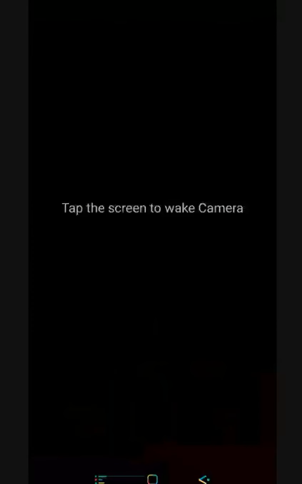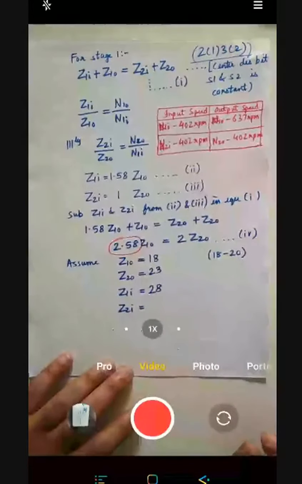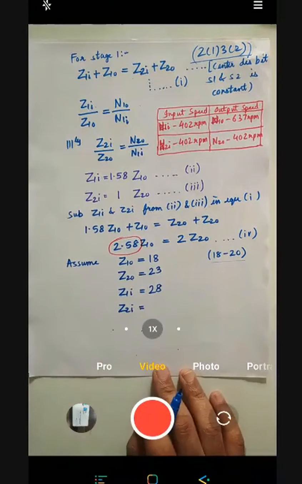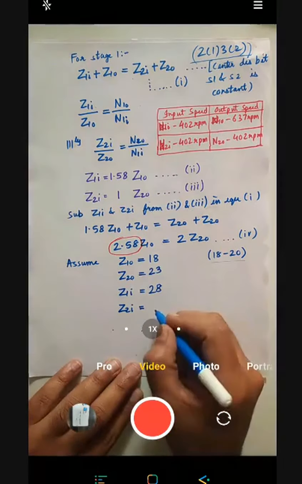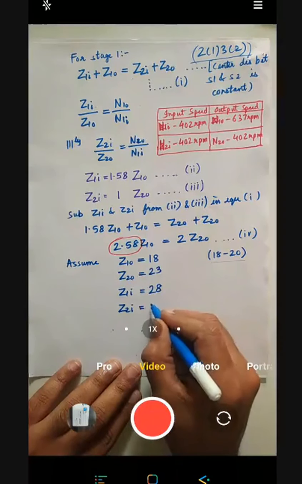This one, yes, 28, Z1 input, Z1I 28. And then next? 23. Okay.